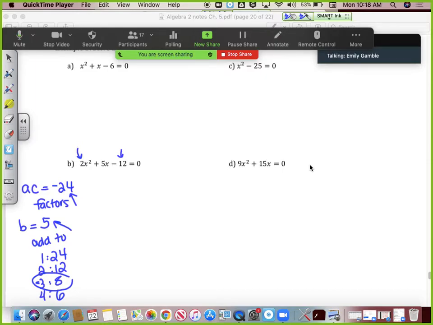And unfortunately, at this point in the factoring process, you're not just done. We have to now take the middle term and rewrite it as the sum of these two factors.